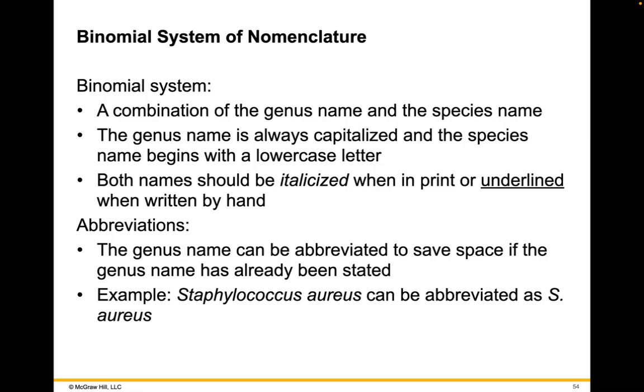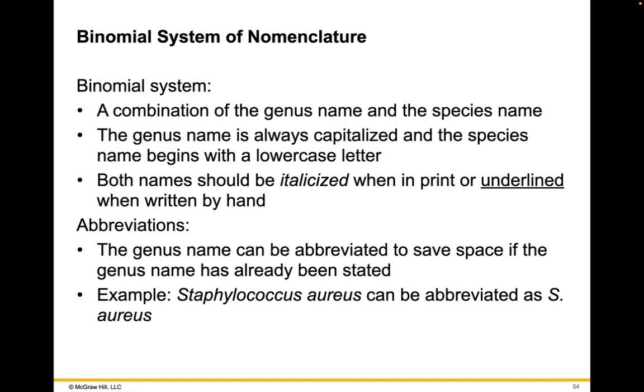So, for example, Homo sapiens, your scientific name, which word will be capitalized? Homo or sapiens? If you said Homo, you're correct. And which word is your species name? Homo or sapiens? Sapiens is your species name.